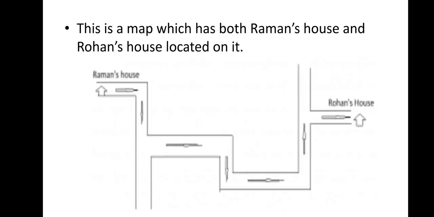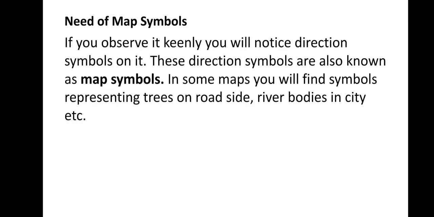Here, map symbols are being used to reach between these two houses, that is, from Raman's house to Rohan's house. These direction symbols are known as map symbols, and in some maps you will find symbols representing trees on roadside, river bodies in the city, etc.